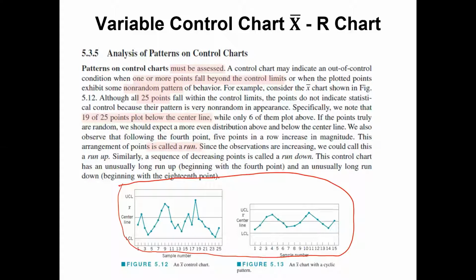That is not true, because the other advantage, or the other powerful point, of the control chart is that it is able to show you some hidden problems that you might not be able to observe from the process itself.